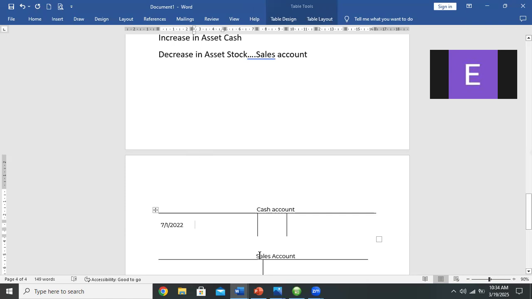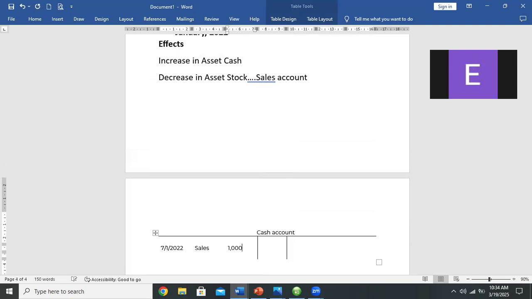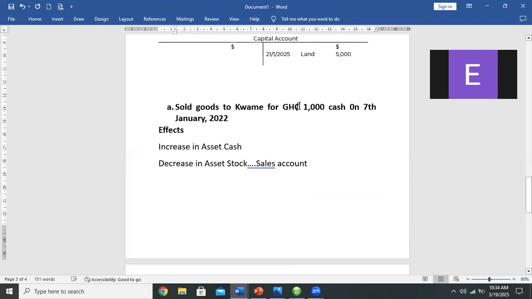So in the cash account, the details will be sales. Then you put the amount there. The amount was 1,000 Ghana cedis. So we put 1,000 Ghana cedis. And like I said, you always need to put your currency on top of the amount column. So let me put my currency and the amount.